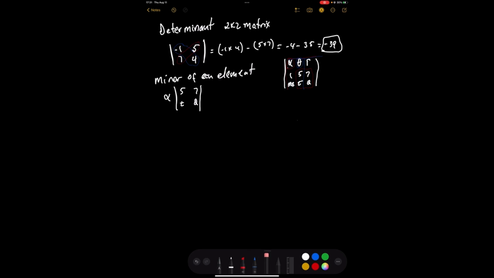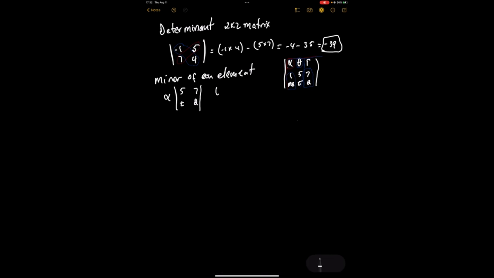All you have left for theta is what? When you cross that out, you get 1 ms and 7 q. Right? So that would be theta, 1 ms 7 q.